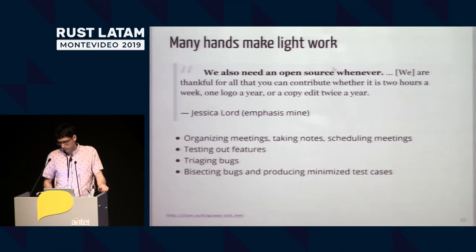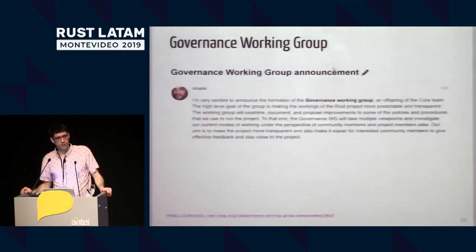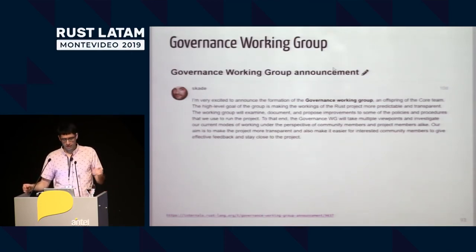So one thing I want to call attention to, if any of this organizational thing or the idea of being a part of the Rust organization itself appeals to you, is we're starting up an effort we call the Governance Working Group. There was a recent announcement. There's a link at the bottom that I'm assuming people will be able to access, my slides are all online. You could click it there. Or you can just search our internal message board.